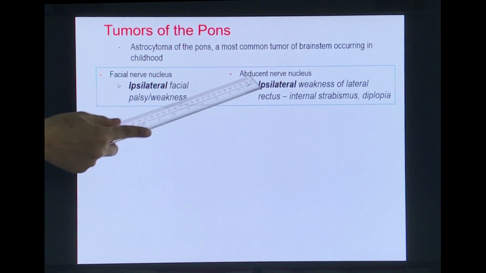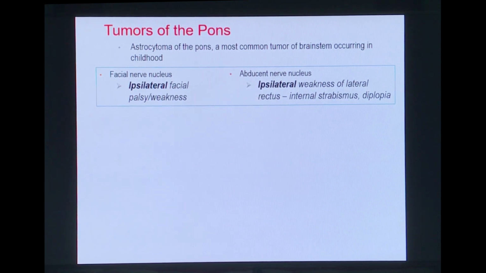Then abducent nerve nucleus. The abducent nerve mainly supplies the lateral rectus, which is the extraocular muscle. Lateral rectus mainly helps in the lateral deviation of the eyeball. So the patient will have ipsilateral weakness of lateral rectus, and will present with internal strabismus.